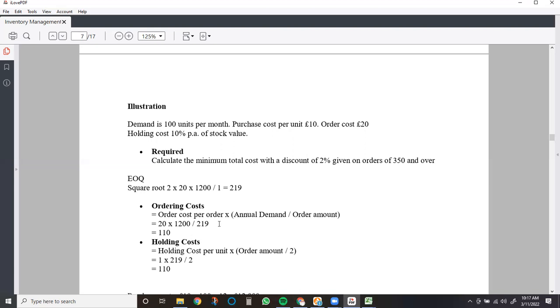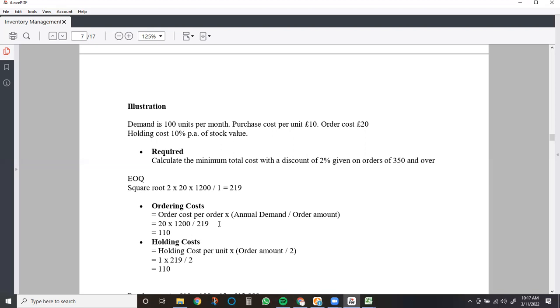So demand is 100, purchase cost 10, ordering cost is $20. Calculate the minimum total cost, with a discount of 2% given on orders of 350 units and over.